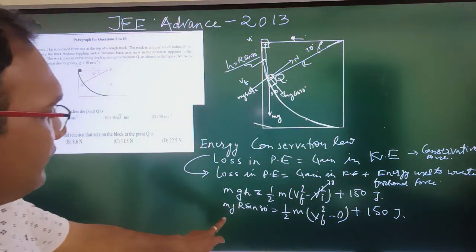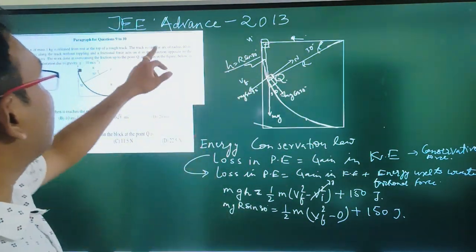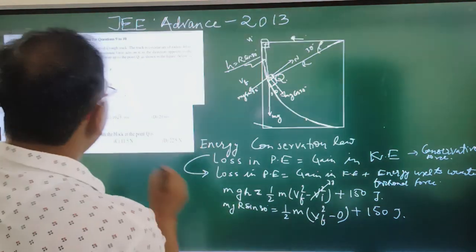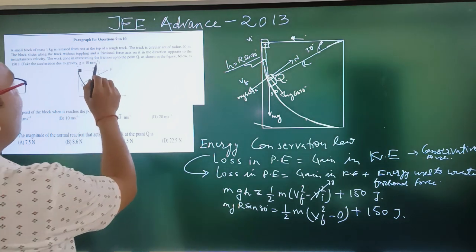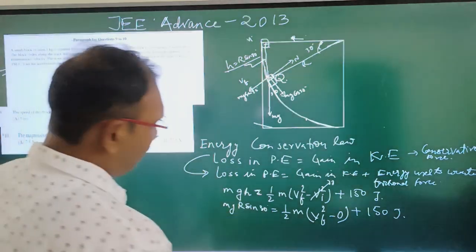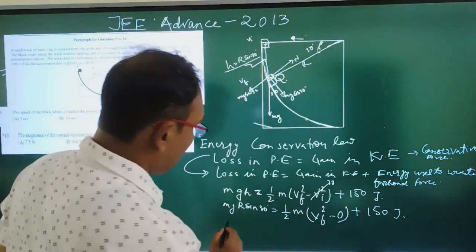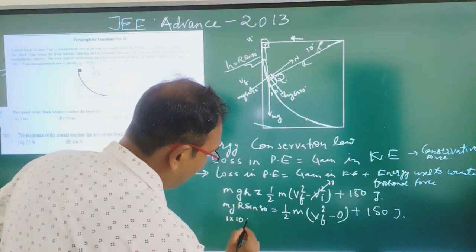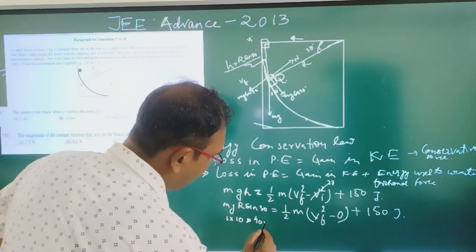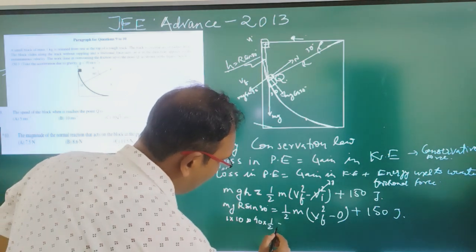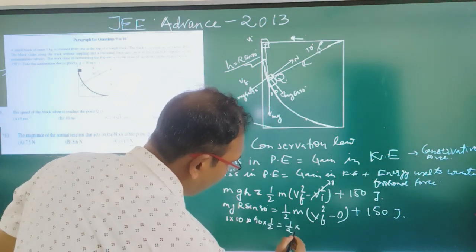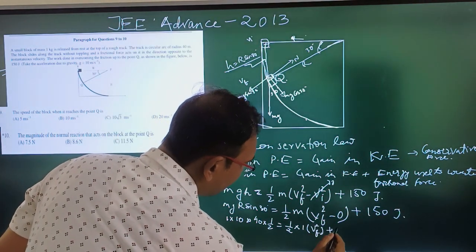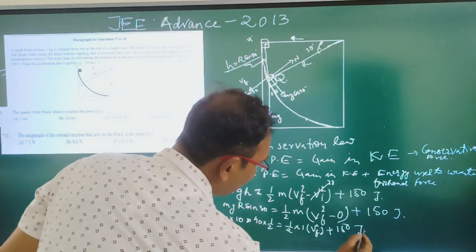If you solve this, m is equal to 1 kg, as given here, g is 10 meter per second square, and r is 40. Putting these in, we get 1 into 10 into 40 into sin theta, which is half, equal to half into 1 into vf square plus 150 joule.